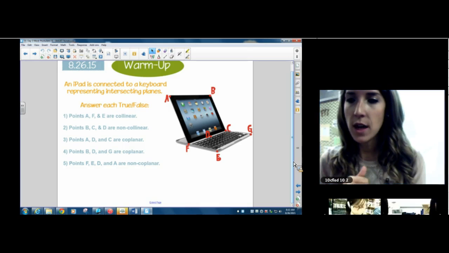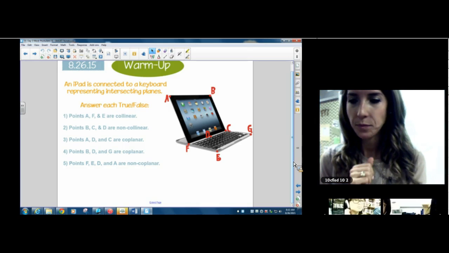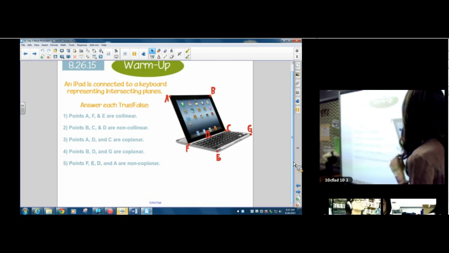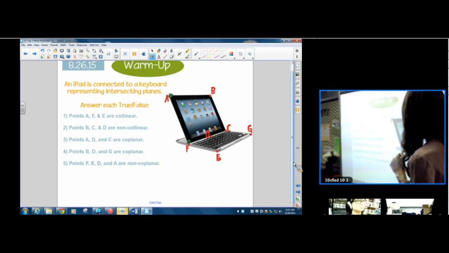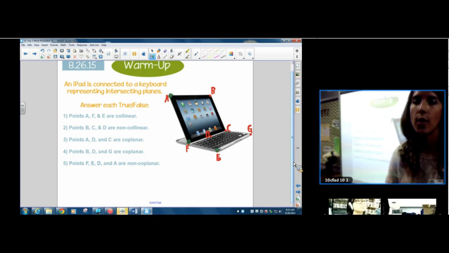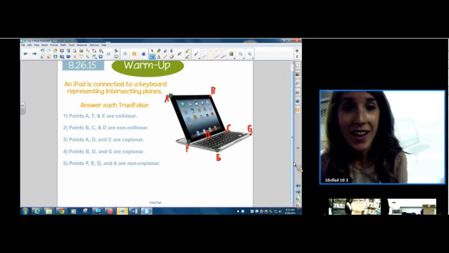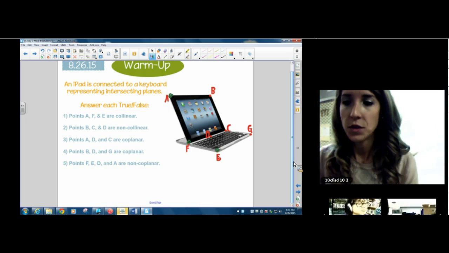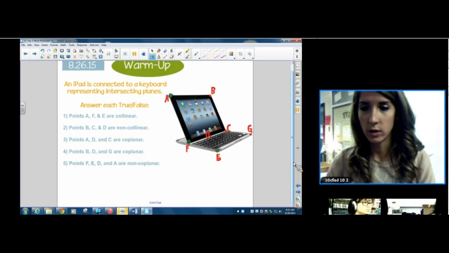You need to be thinking about, could I connect those with a straight line? All right? So, number one, what'd you get? False. A, F, and E are collinear. I could not connect all three of those with a straight line. So they are not collinear.